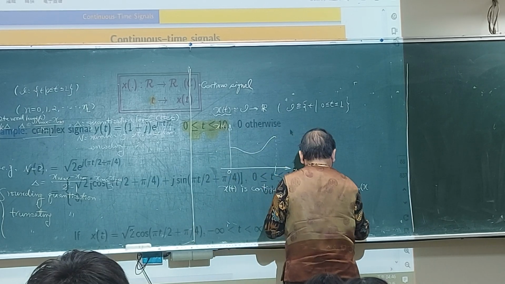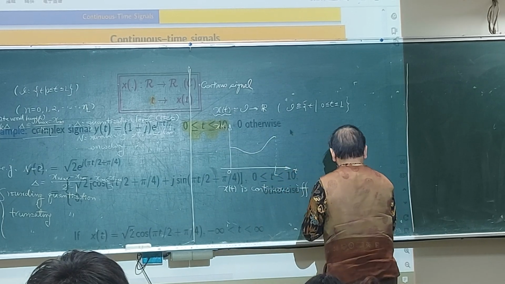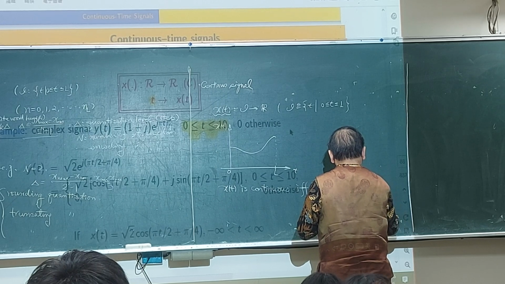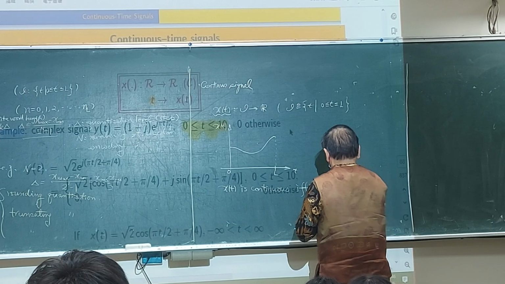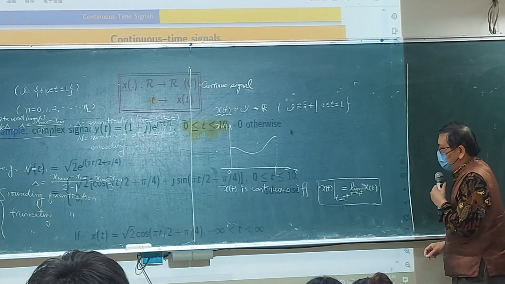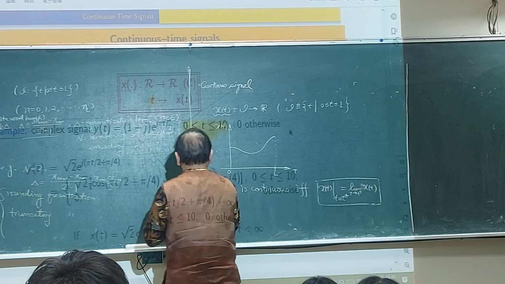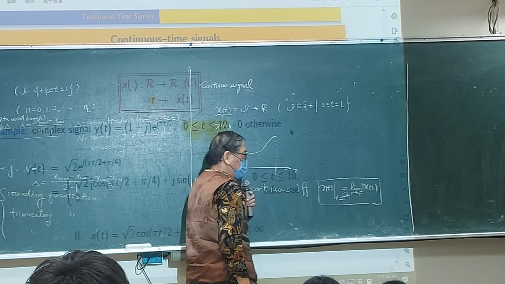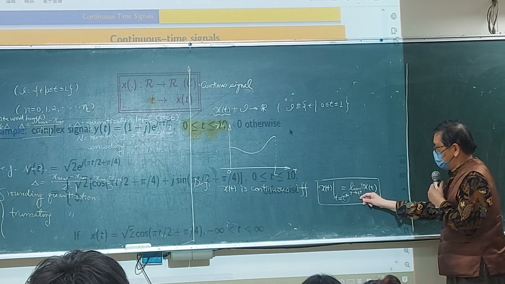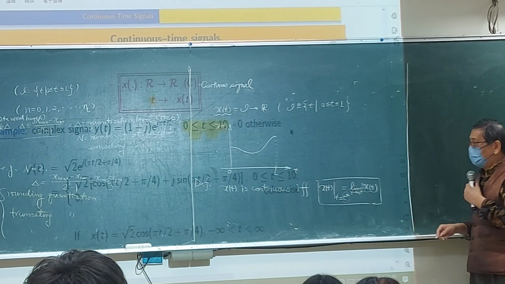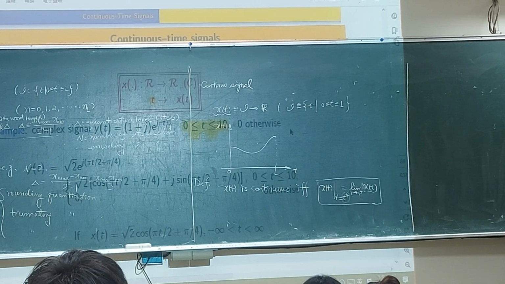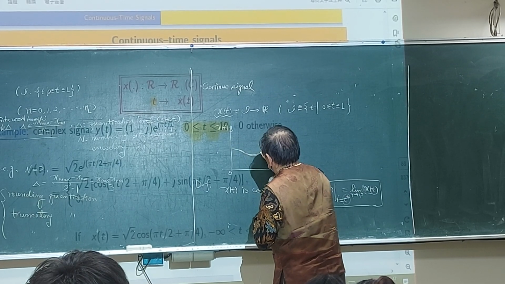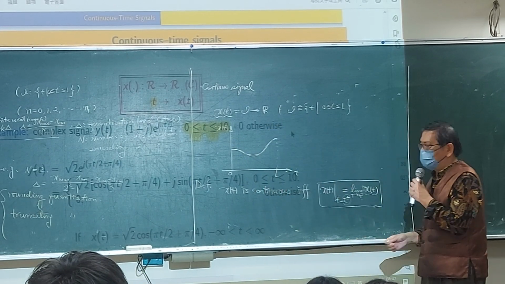This is the definition of continuity: the function value of x(t) at, say, t plus equals the limit as t approaches t plus of x(t). But you don't have to worry about this for the moment. Just assume whatever you can understand about a continuous signal. It is continuous, meaning there's no jump. That'll be good enough for the moment.